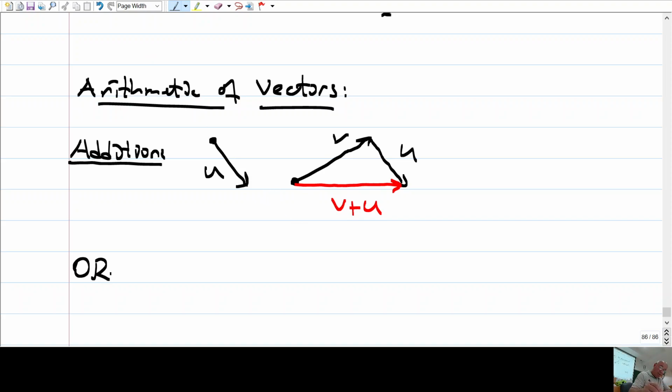Or you can do the following. You just, let's say, take v and you carry this u so that they have the same initial points, and then you form this parallelogram. You draw parallel sides, and then you take the diagonal.